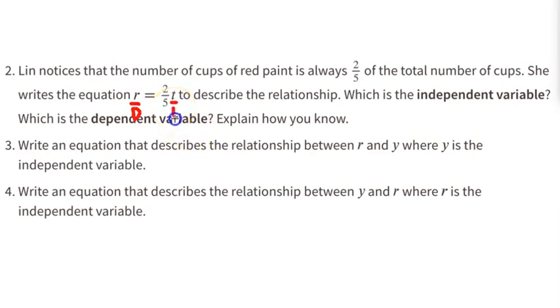Okay, so in this situation, the independent variable is the total cups and the dependent is the red cups.